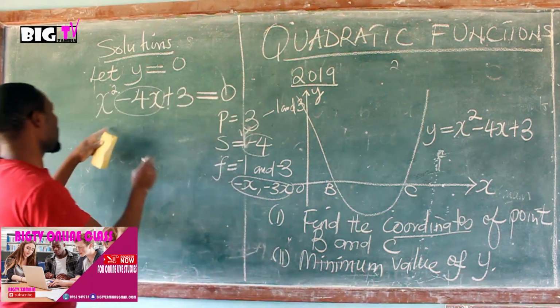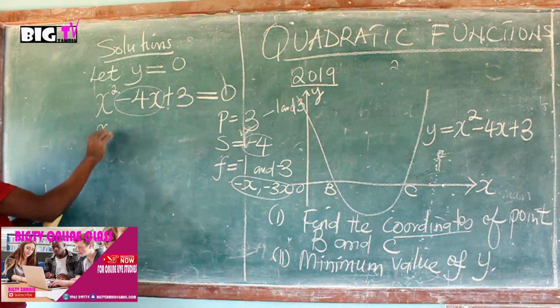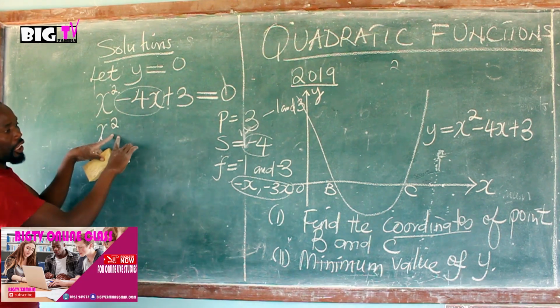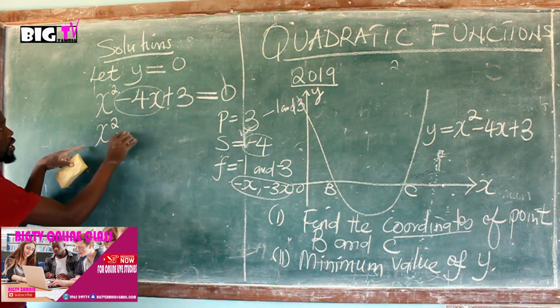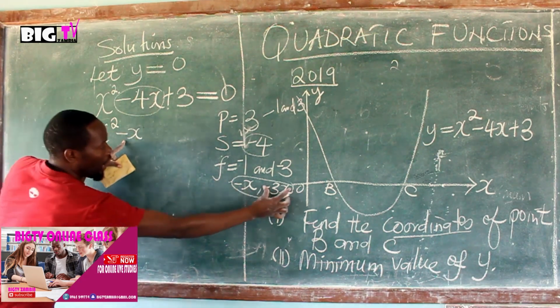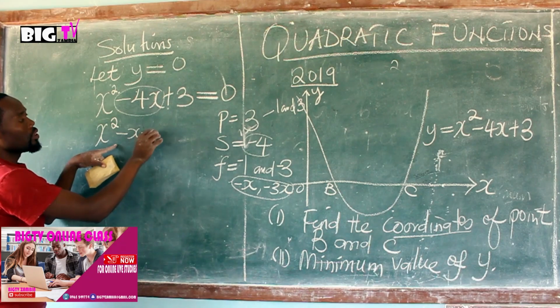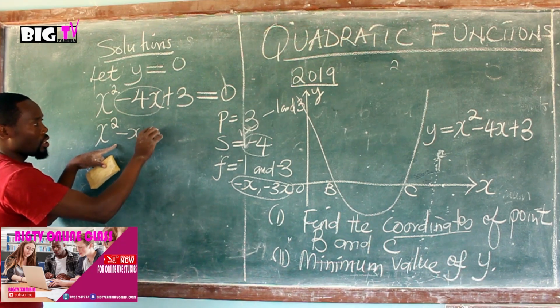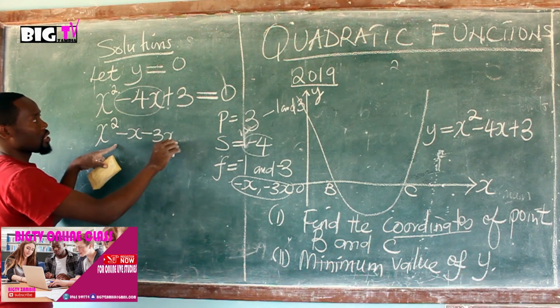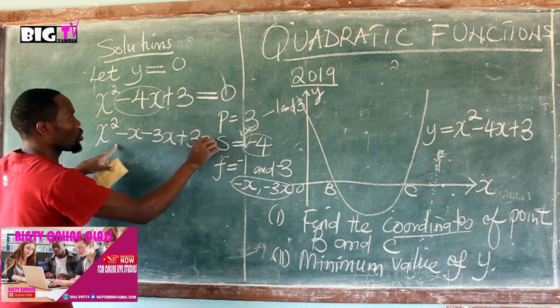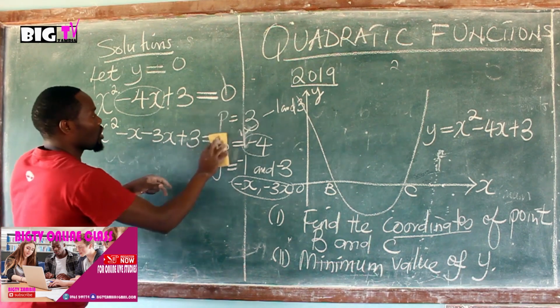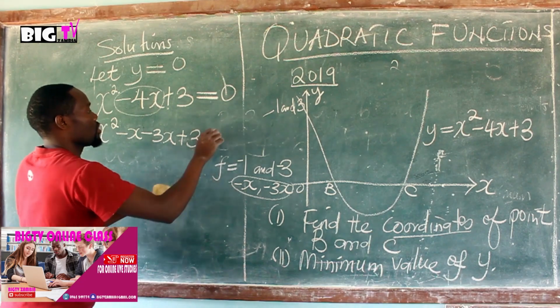So let's write: x squared minus x minus 3x plus 3 is equal to 0.